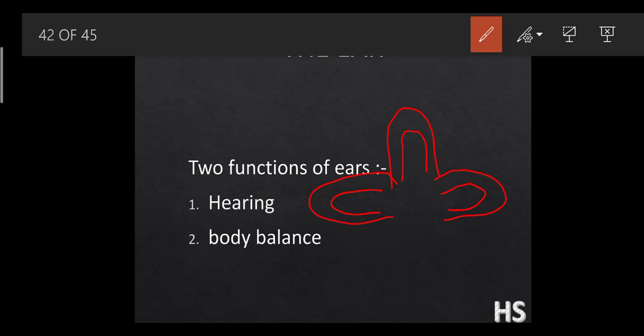There are two different types of balance. One is static balance and one is dynamic balance.